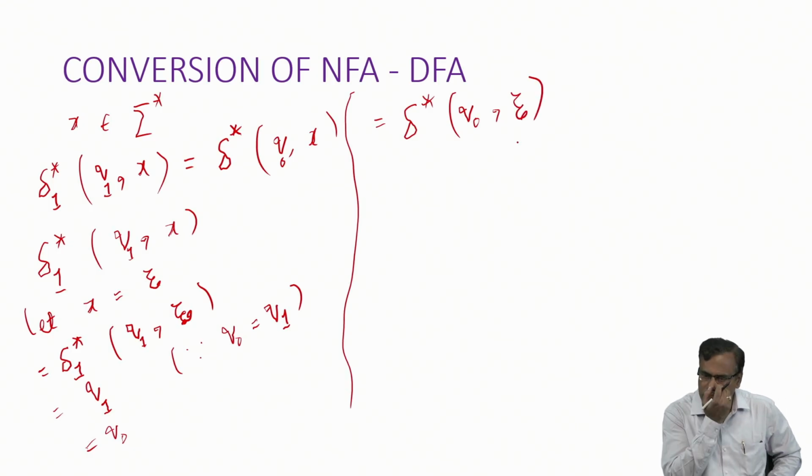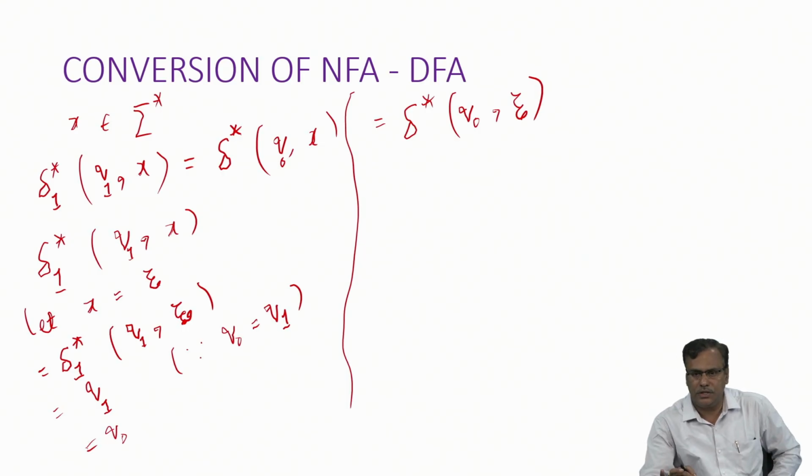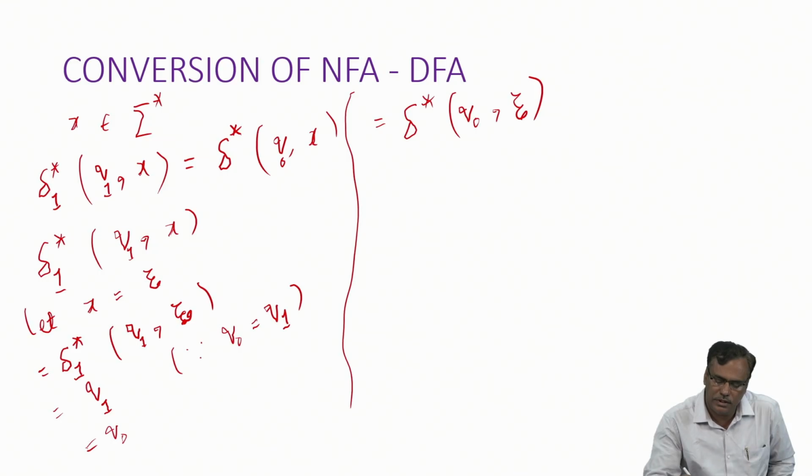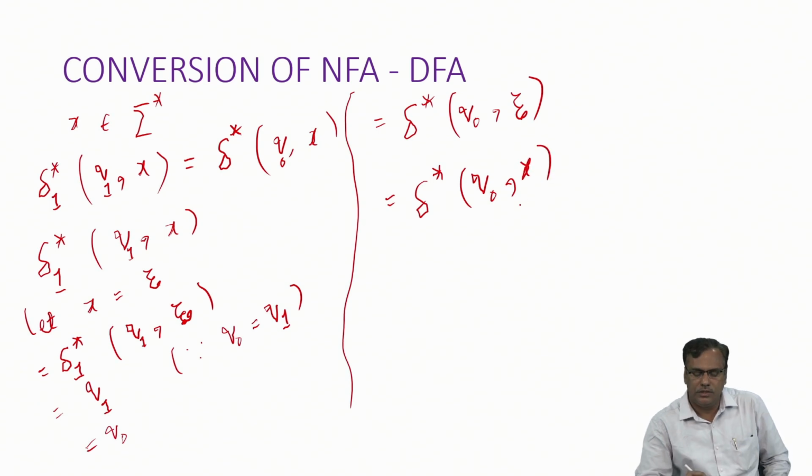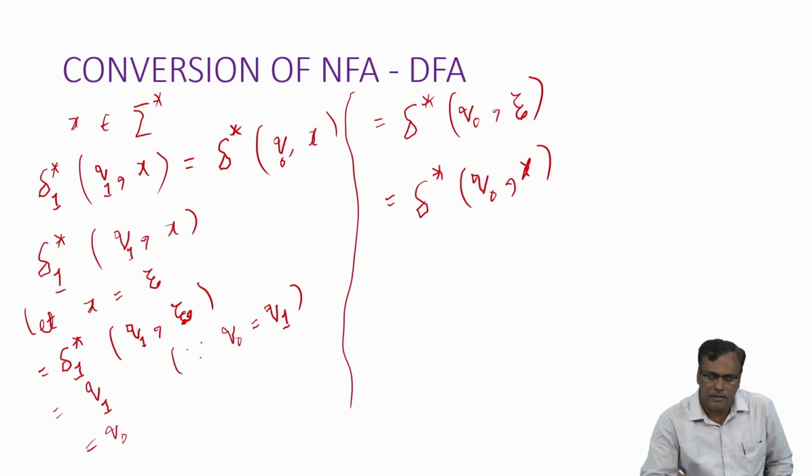We came to know that whether it is DFA or NFA, delta star of q on epsilon is q itself. We let x equal epsilon, therefore if I replace epsilon with x, I get x. So from delta 1 star of q1 x, I got delta star of q naught x. Hence the theorem.